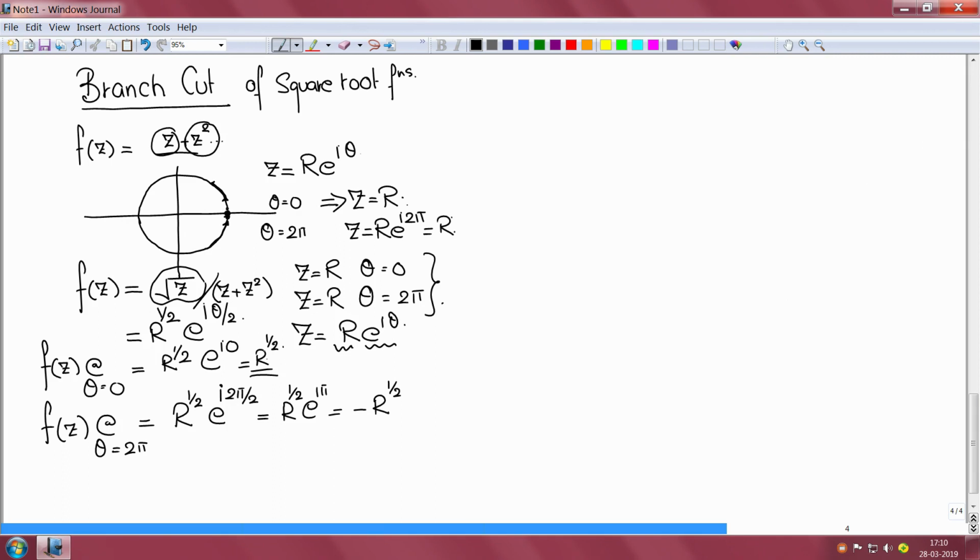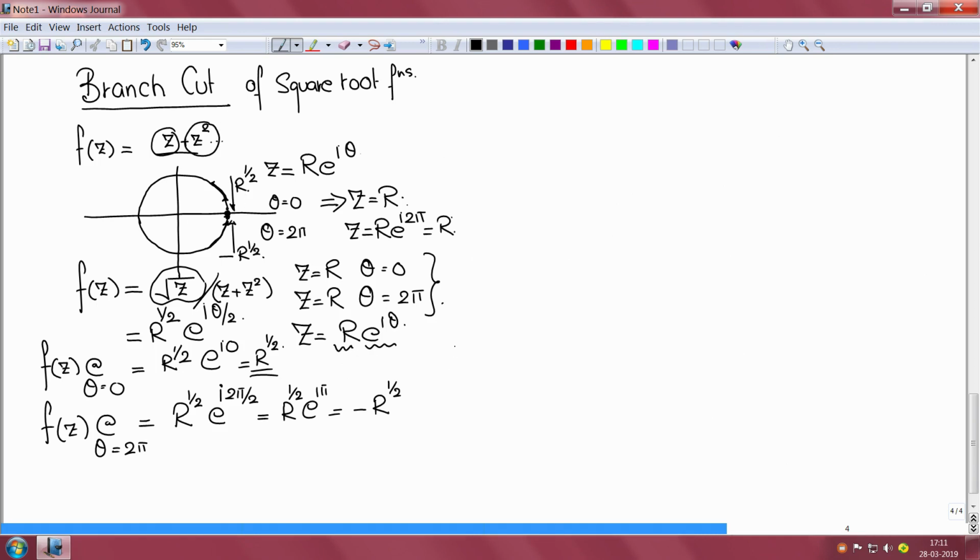If you approach from the top, it is r to the power half; you approach from the bottom, it is minus r to the power half. The function takes a jump, and therefore the function is not uniquely defined. At the same point the function has a jump, so it is not uniquely defined.